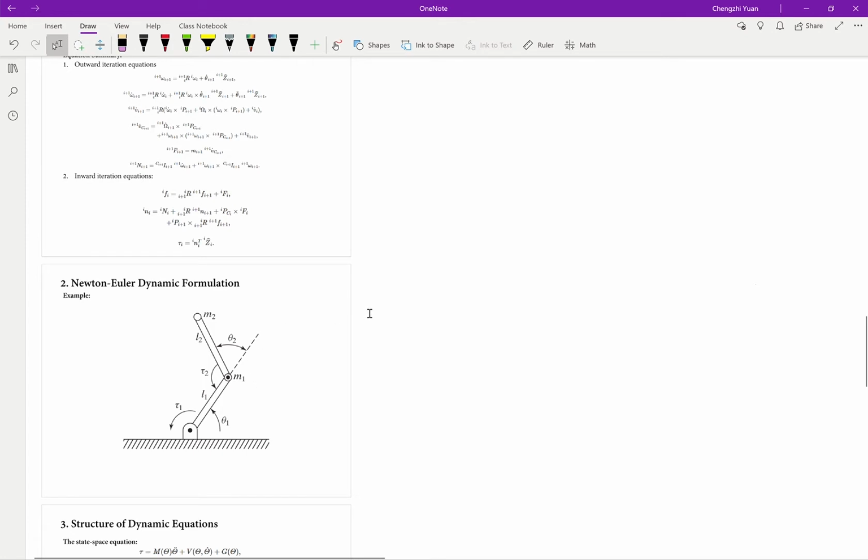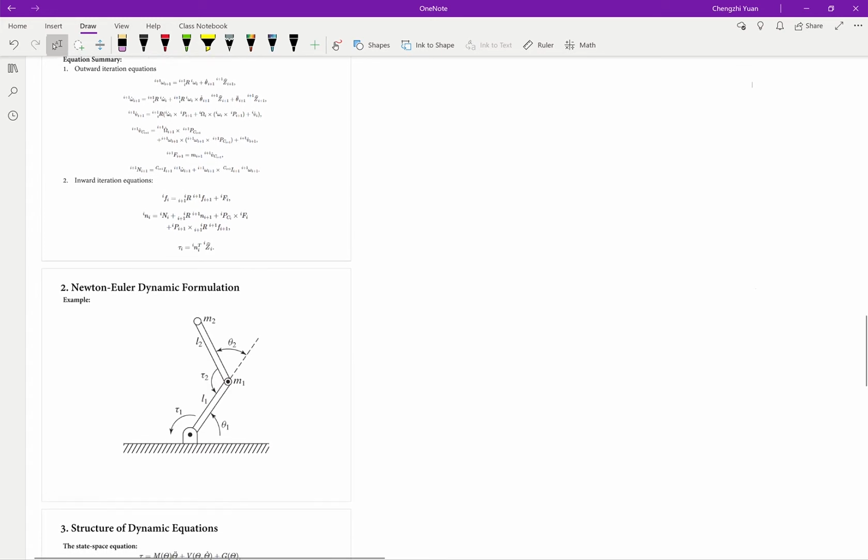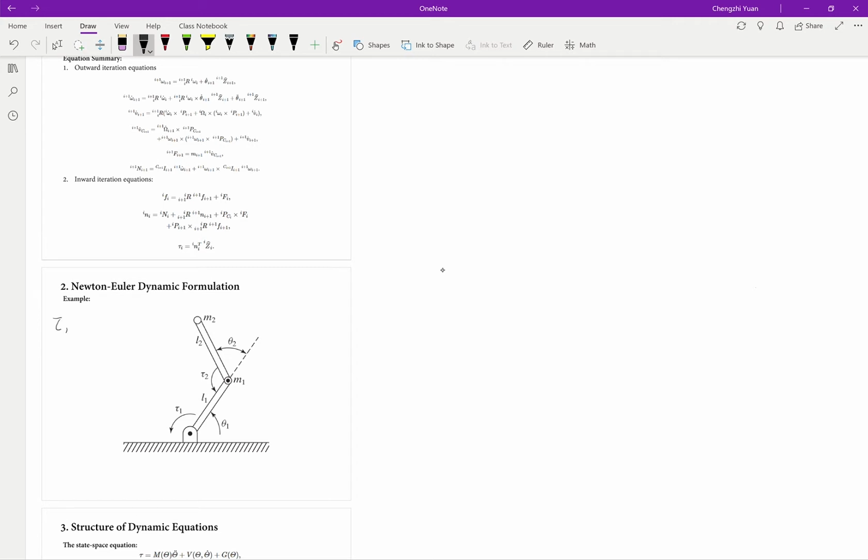The dynamics modeling problem is essentially asking you to calculate how much torque tau 1 and how much torque tau 2. Tau 1 is the torque generated from the first joint, tau 2 is the torque generated from the second joint.